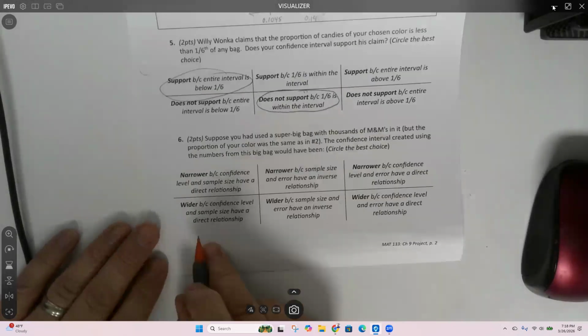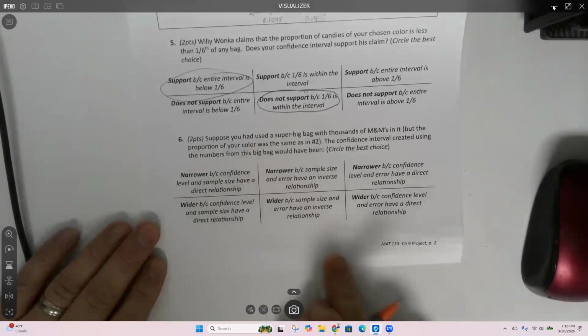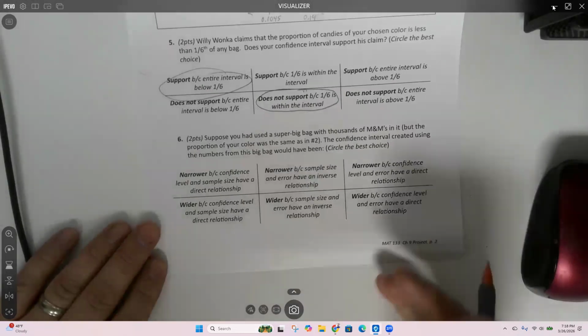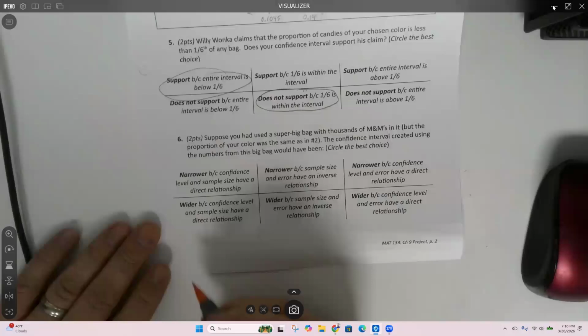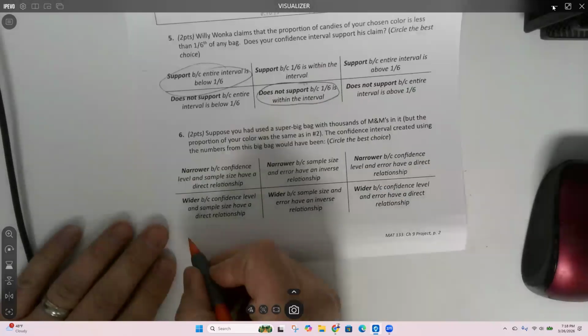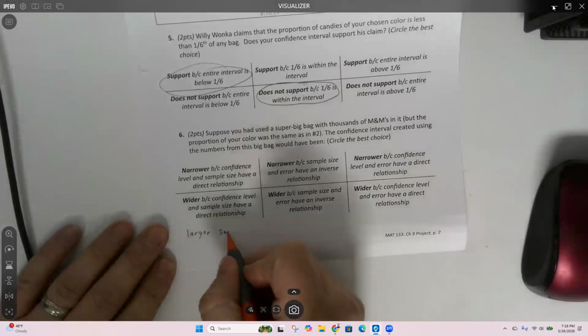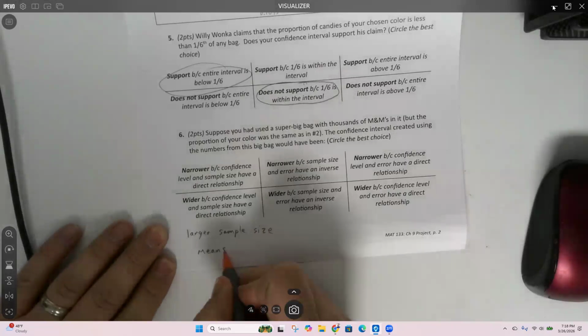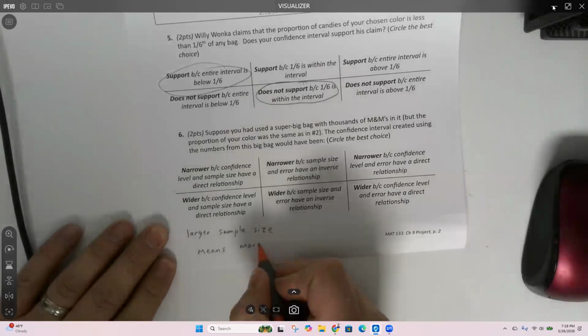So there's a table that Sydney and Elaine can go over with you that talks about the relationship between confidence intervals and sample sizes and things like that. But there's an axiom that I'm going to keep referring to over and over. If you have a larger sample size, that means more accuracy.